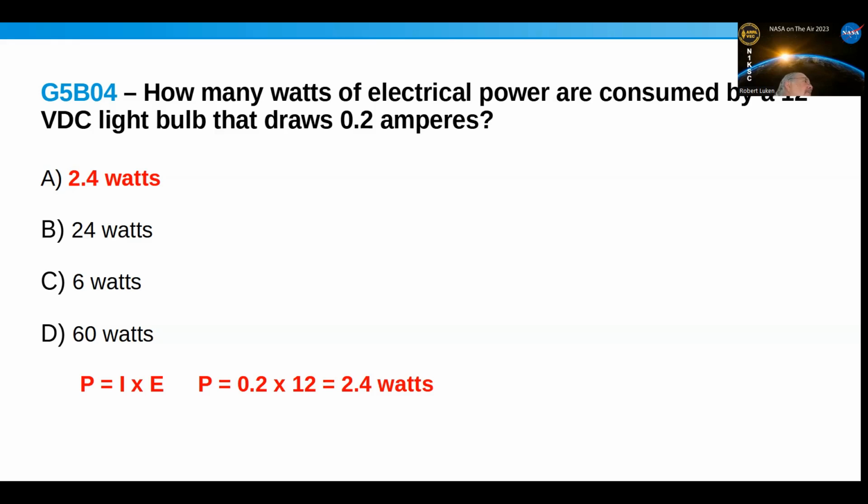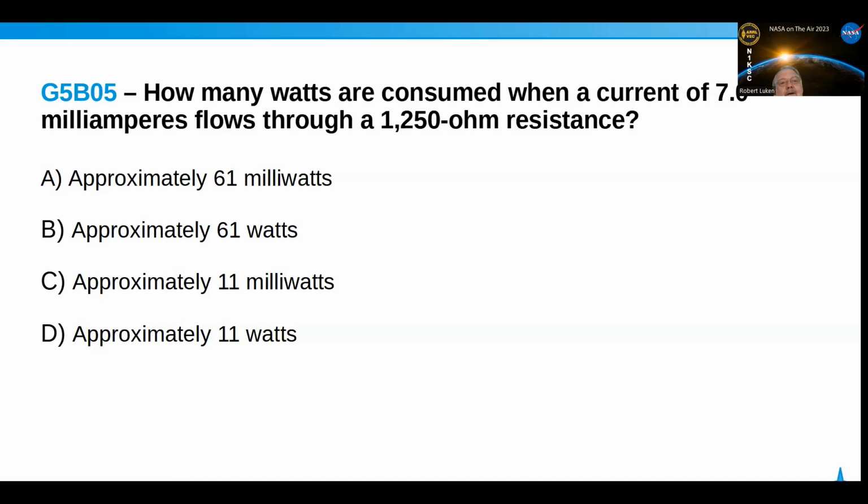Voltage times current. Yeah, if you forget the decimal point, you get 24. Plug the wrong variable.